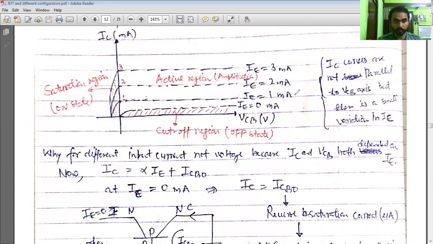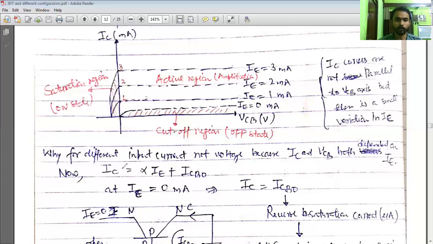The reason is that the output current and the output voltage both depend on the input current. Remember the relation between IC and I, and VCB also depends on I. Since both depend on I, that's why we are varying the input current, not the input voltage.